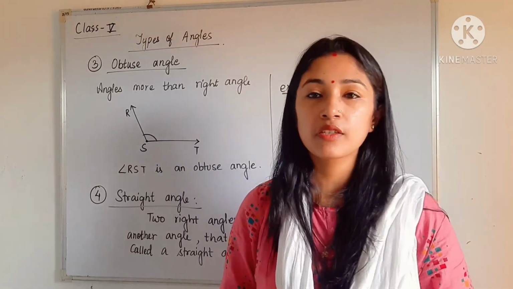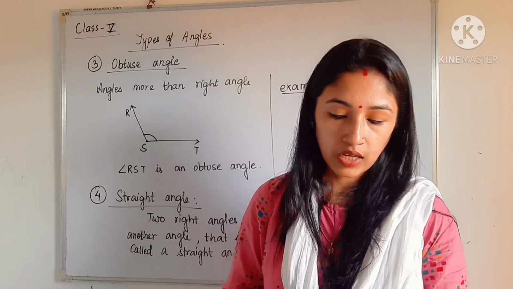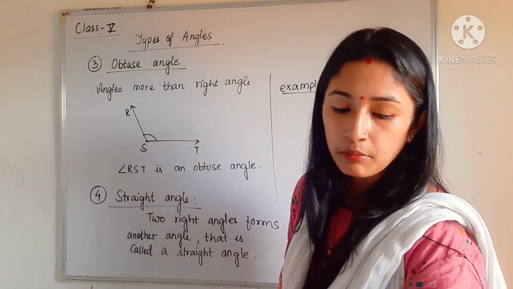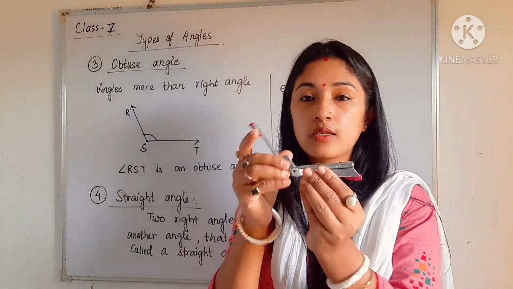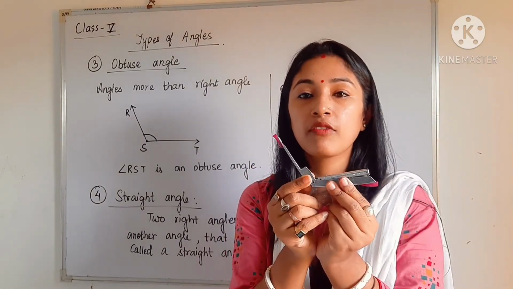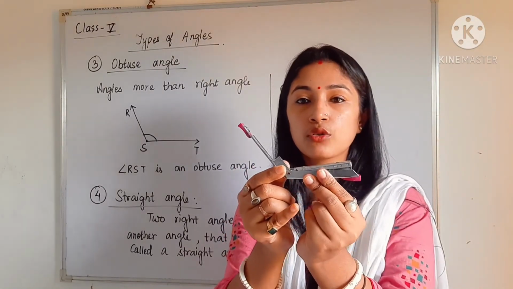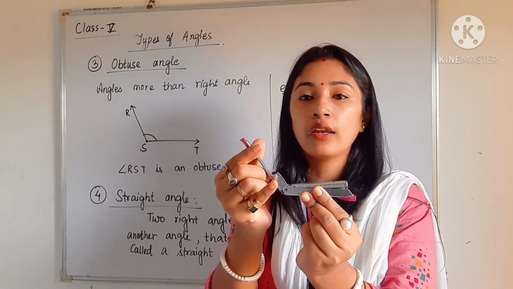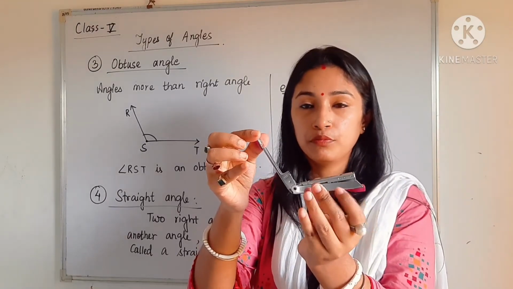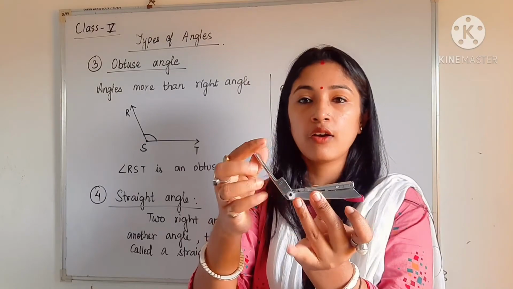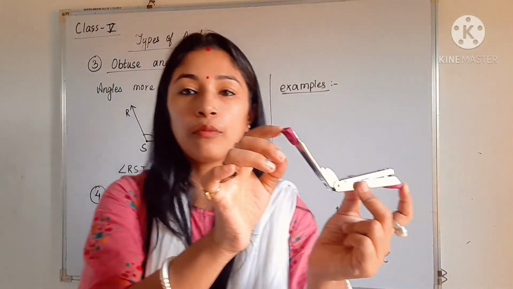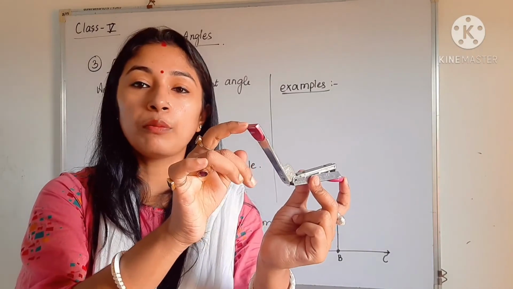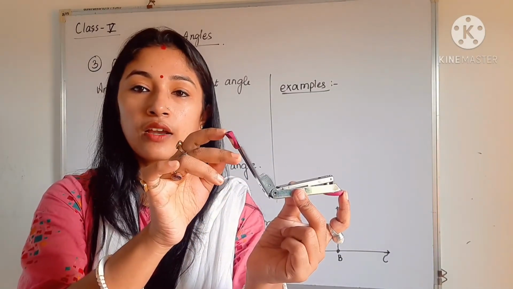The diagram is given in your book. You can also make an obtuse angle using a clock. See, this is using a stapler. I am giving you an example of an obtuse angle. This is one ray of the stapler and this is the second ray, or you can say these are the 2 arms of the angle, and they are forming an obtuse angle.